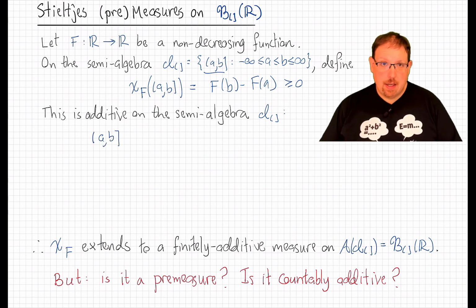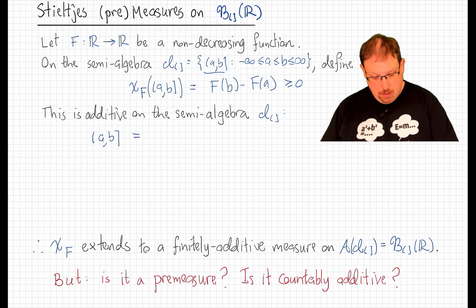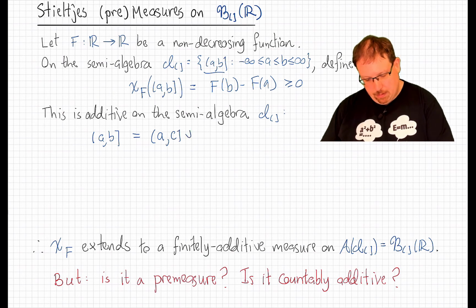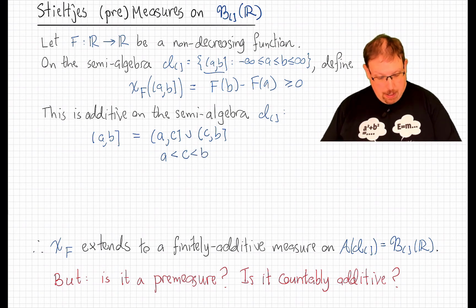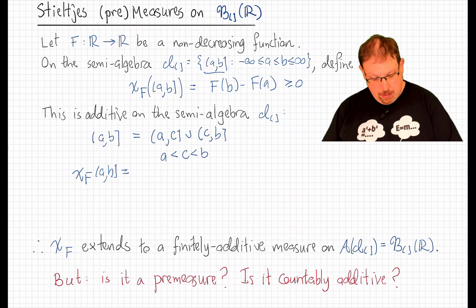If I'm going to decompose it into two half-open intervals, it's going to look like this, where A is less than C is less than B. Now, chi_f of (A,B], by definition, is f at B minus f at A.